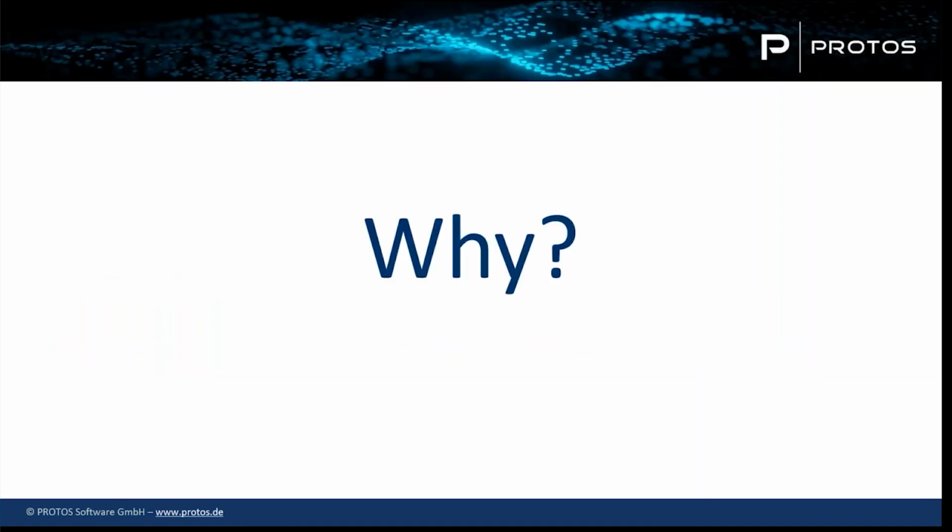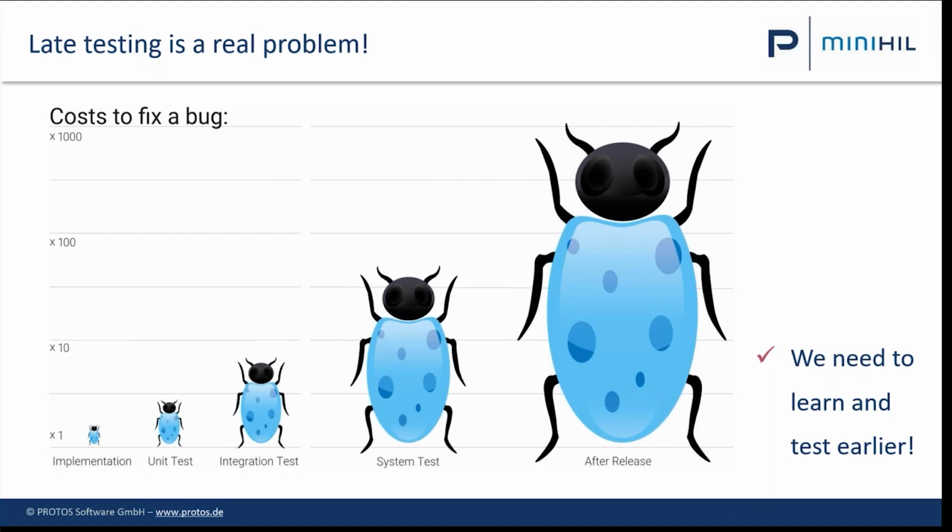So why are we doing what we're doing? Late testing is a real problem, and it gets bigger and bigger the further you go into the process. For example, a unit test is fast and simple to do early in the process, but an integration test, hardware software integration test or system test are usually very late in the process, and they can be really expensive, and usually the response time for such a test is really slow.